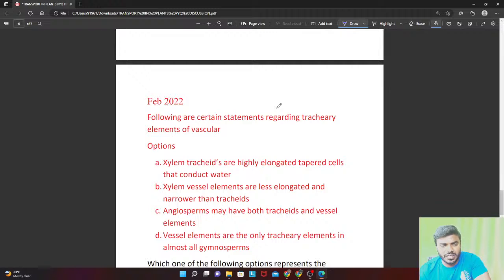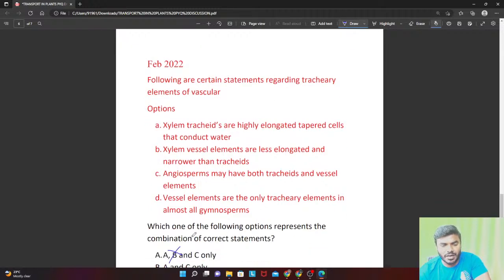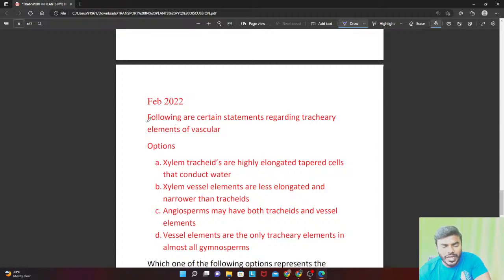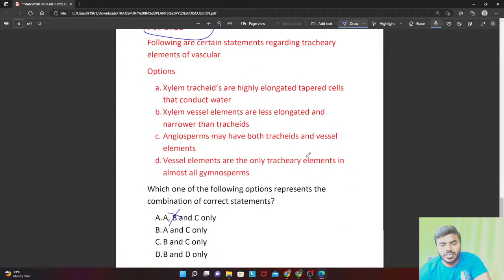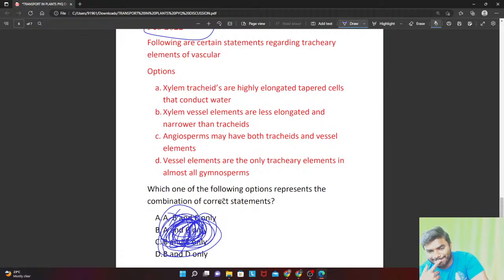Okay. See, friends, options are not given, and I want every one of you to tell me. I am not showing you the options also. Tell me which are the correct statements. This is the February 2022 question. Which statements are correct statements?